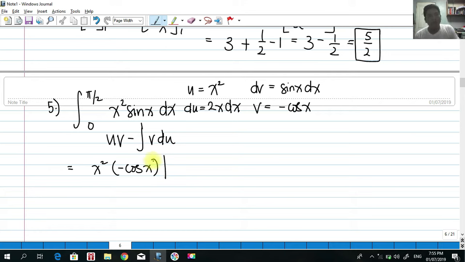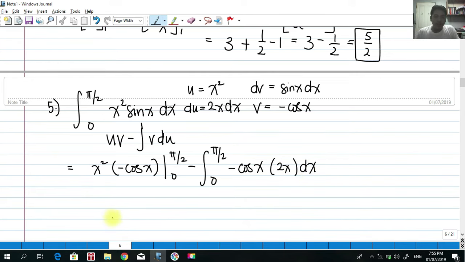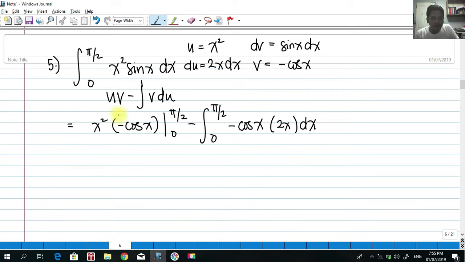Of course, the difference here is that for uv we also have to evaluate the limits from 0 to pi over 2, minus the integral from 0 to pi over 2 of v du. The v du is still negative cosine of x, and du is 2x dx. So first, we should evaluate this first.